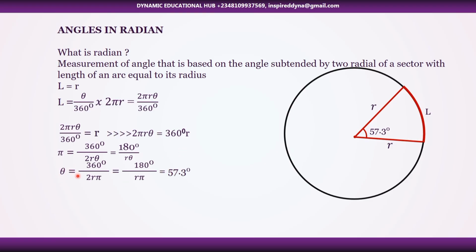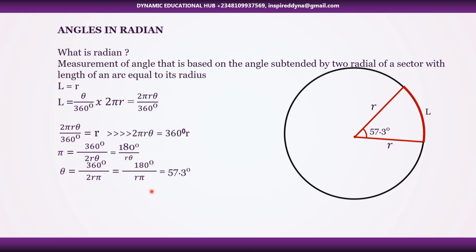This one is making pi the subject of formula. Now let's make theta the subject of formula from here. Making theta the subject of formula, you are going to divide both sides by 2 pi r. Dividing both sides by 2 pi r, we get 180 degrees over r pi.